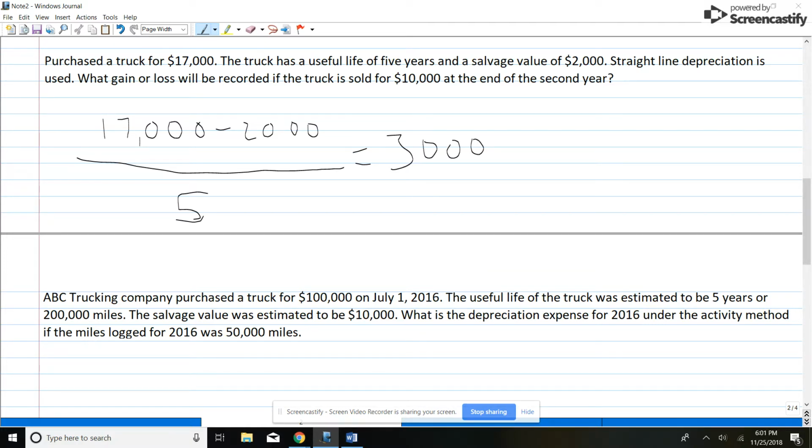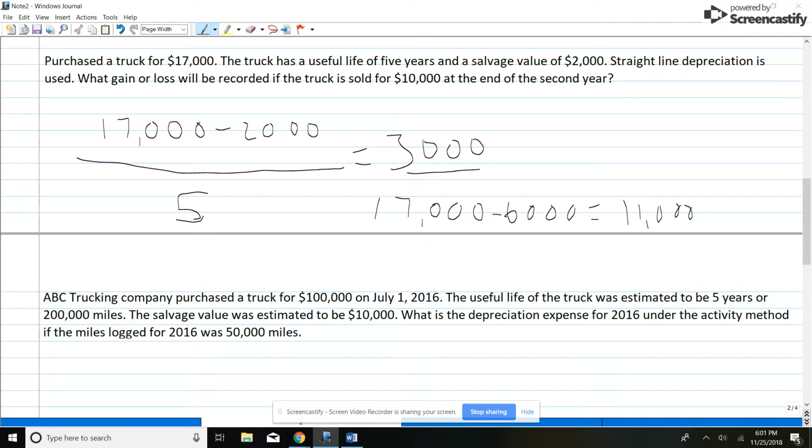To get the book value at the end of the second year, it's going to be 17,000 minus 6,000, which is our 3,000 depreciation per year times 2. So it's cost minus accumulated depreciation, and we get 11,000 as our book value at the end of year 2.